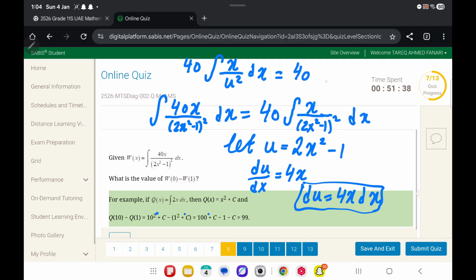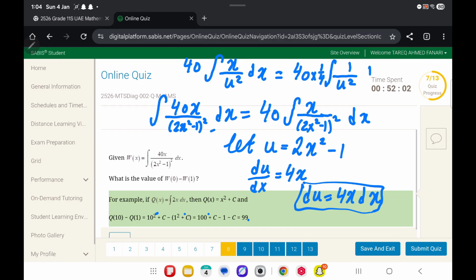So 40 integral 4x dx over u squared. Now, I multiplied on the inside by 4. I'm going to multiply on the outside by 1 over 4. I multiply by the reciprocal. So 40 times 1 over 4 integral 4x over u squared. This 4x dx will become du, as we see here.